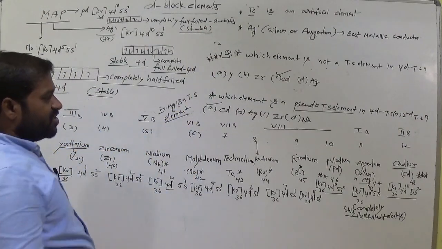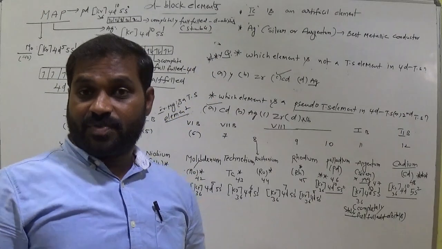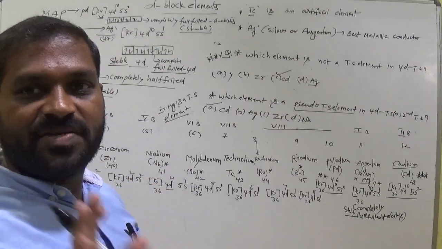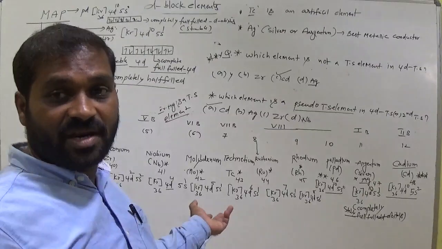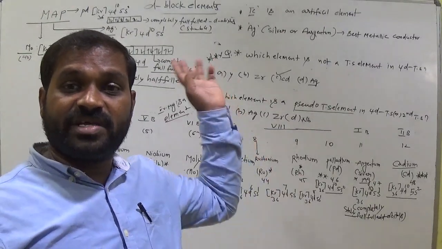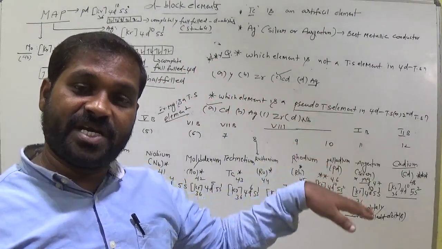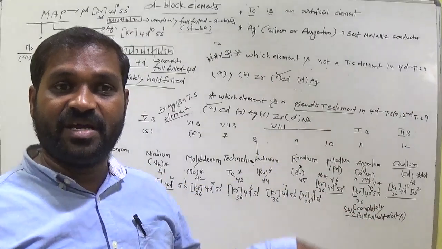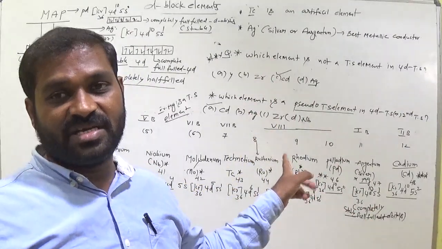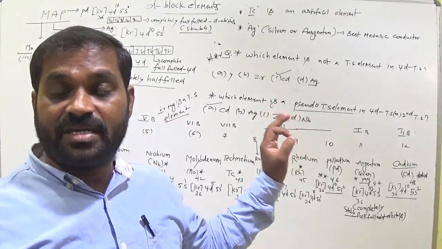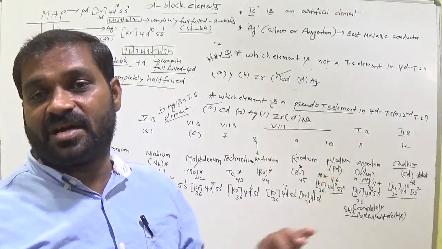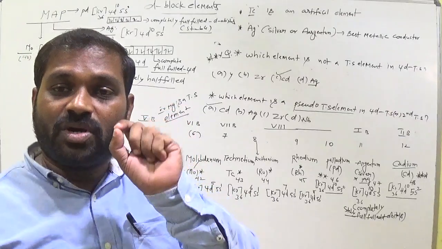So these are the important points regarding the 4d transition series. There is a high chance they will ask questions on electronic configuration, which one is completely filled, which is not a transition element and which is a transition element. So remember that in the 4d transition series, cadmium is a complete pseudo transition element.